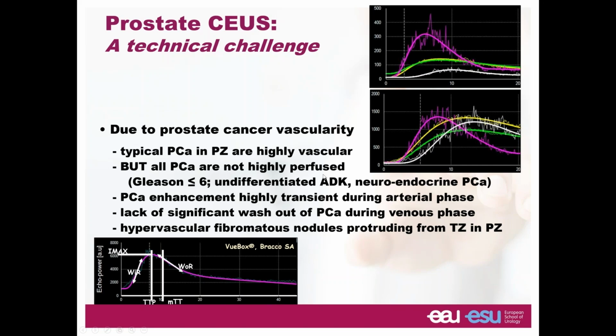So we know that most of prostate cancer will be with increased perfusion, except the low-grade cancer, undifferentiated adenocarcinoma and neuroendocrine prostate cancers. So the big issue for us is the very limited transient enhancement of the prostate cancer compared to the surrounding prostate, and this is the surrounding adjacent prostate.